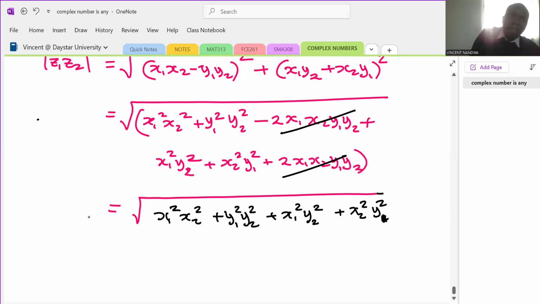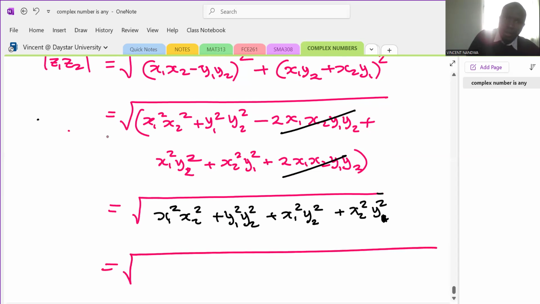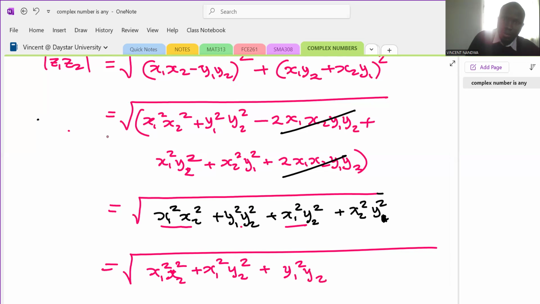Then I can rearrange these terms. I bring this closer to this. So I have x1 squared x2 squared plus x1 squared y2 squared. Then bring this and this together: y1 squared y2 squared plus x2 squared y1 squared.